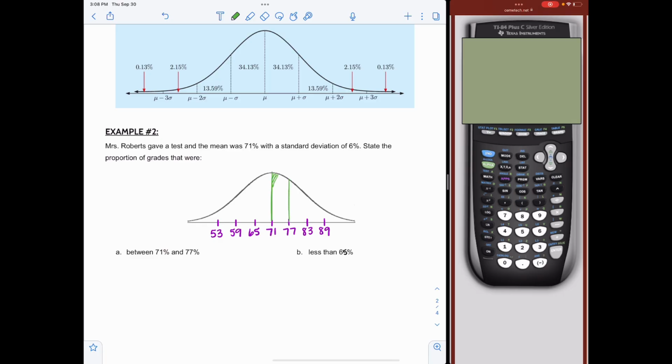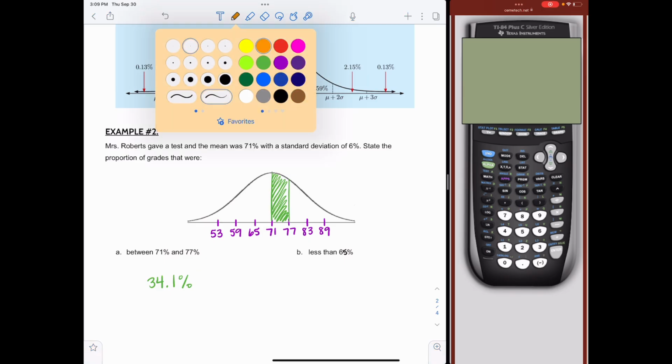So I want to find this percentage of this value here. And we already know that corresponds to 34.13. So that's what we can do. We can say that that is approximately 34.1% in 3 sig fig.